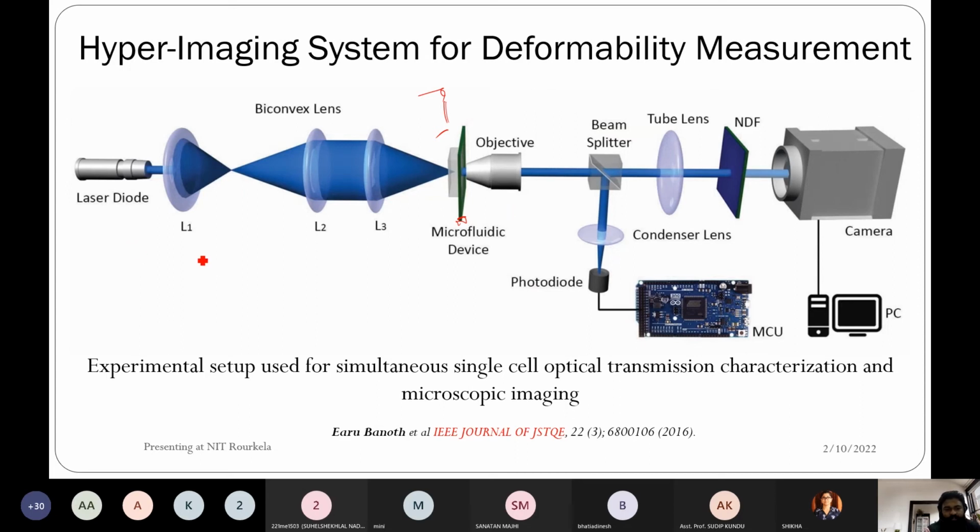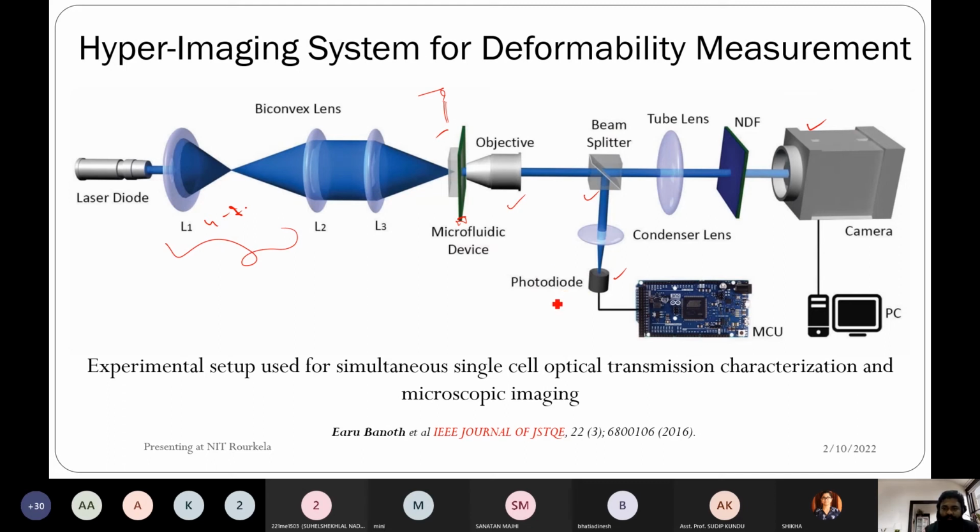It is a 4F system, so that you get a collimated beam, and then by using another lens we focus it into a tiny spot, followed by the micro objective. We also had a beam splitter here, one path for the detector and another for the camera. This was realized as a hyperspectral imaging system for the calibration.